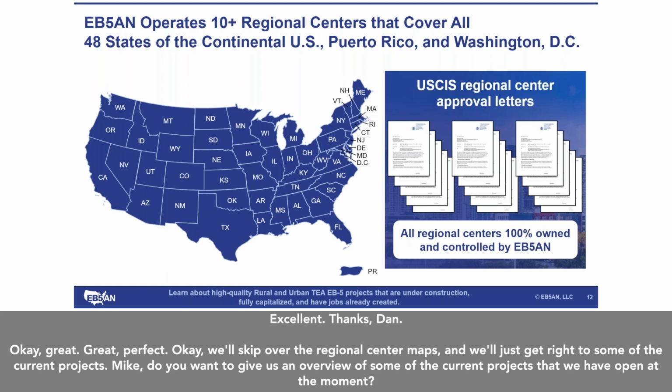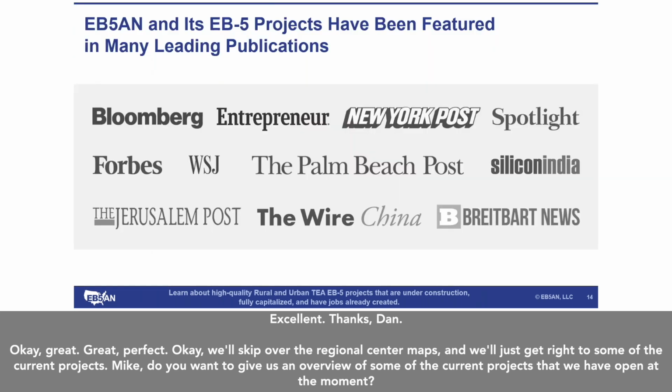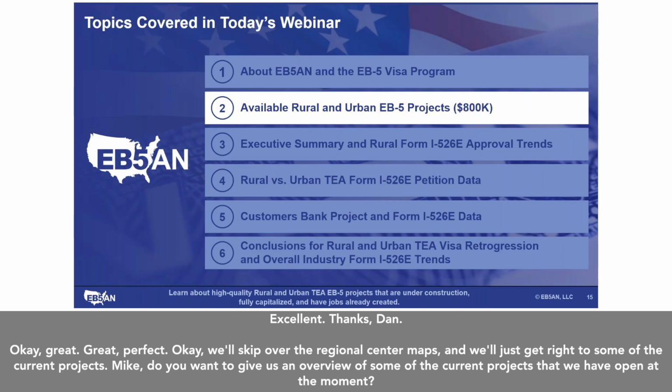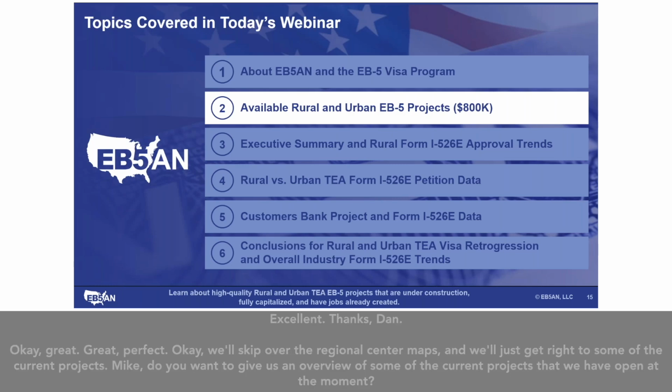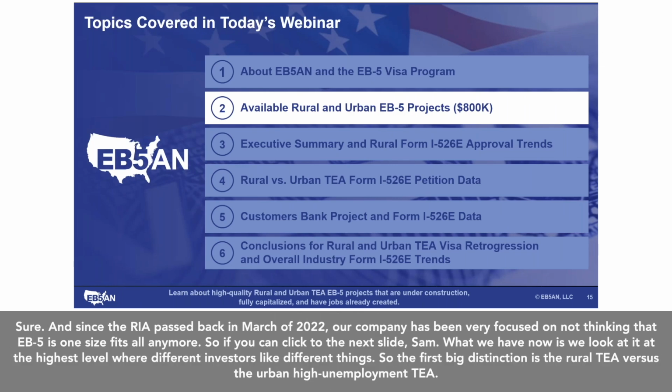Okay, we'll skip over the regional center maps and we'll just get right to some of the current projects. Mike, do you want to give us an overview of some of the current projects that we have open at the moment? Sure. And since the RIA passed back in March of 2022, our company has been very focused on not thinking that EB5 is one size fits all anymore.